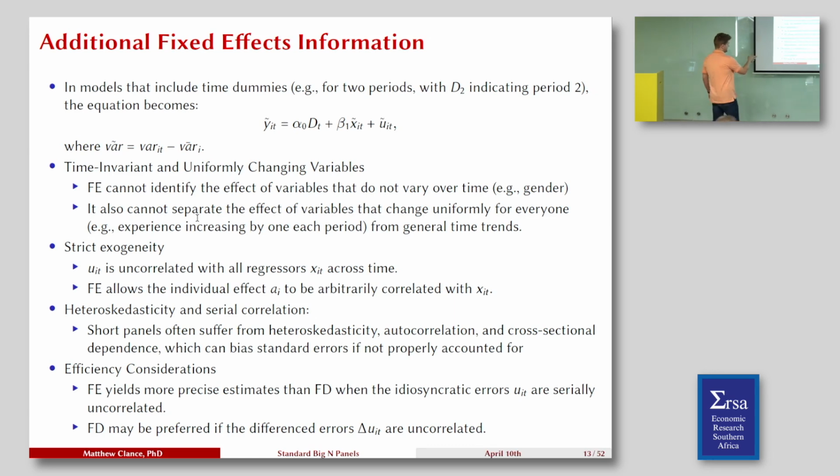But FD, or first differencing, might be preferred if the differenced errors are correlated over time, and you know this. Okay. The reason why I wanted to show the method that comes after this is because a lot of you, if you're using these methods, are used to using something called the Hausman test.